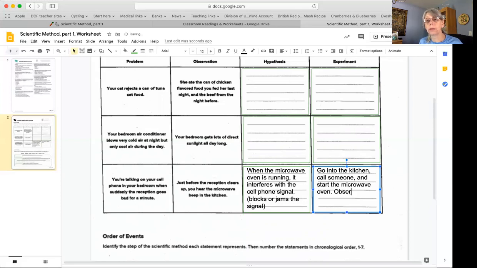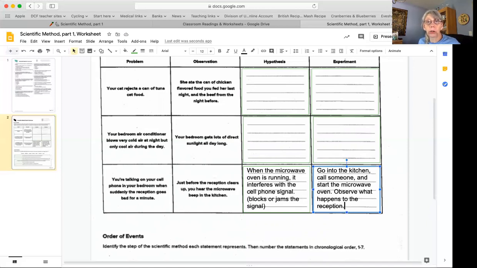Observe what happens to the reception. Right? Now you know that the microwave is on. While you're making your phone call, you see if you have the same problem.